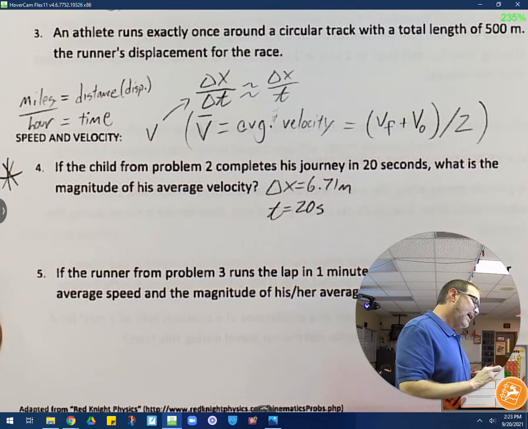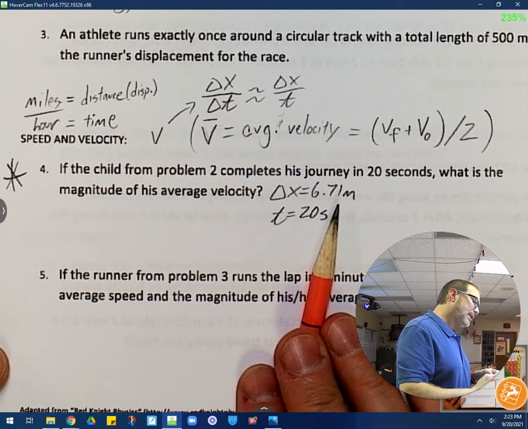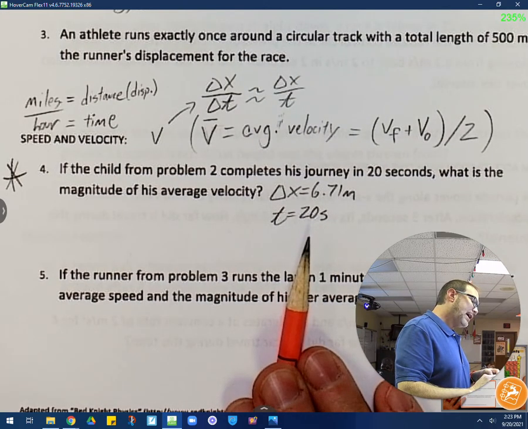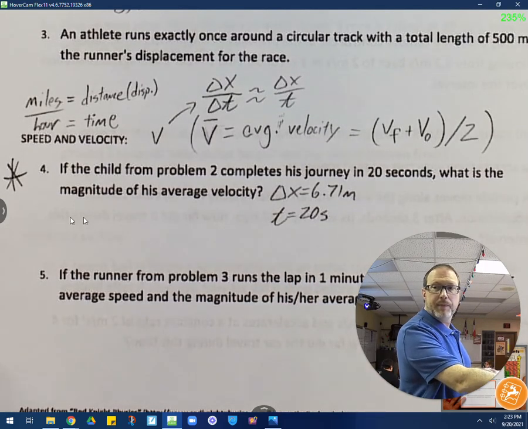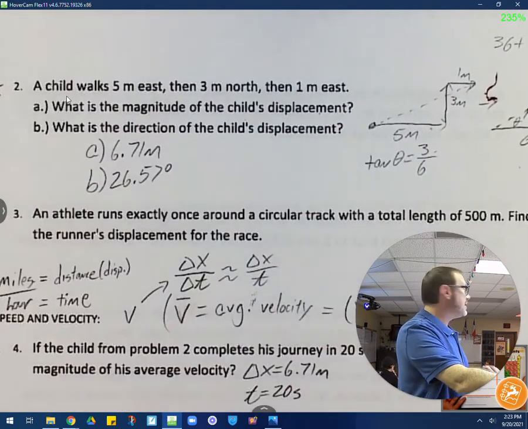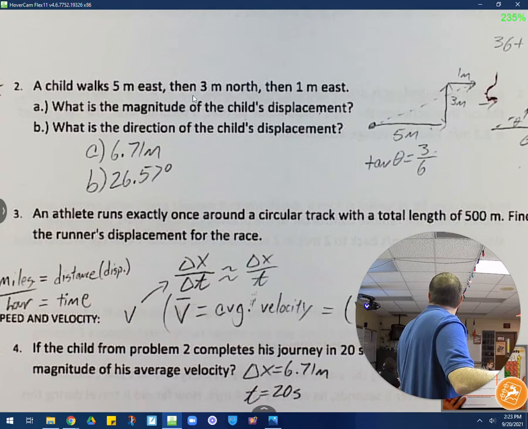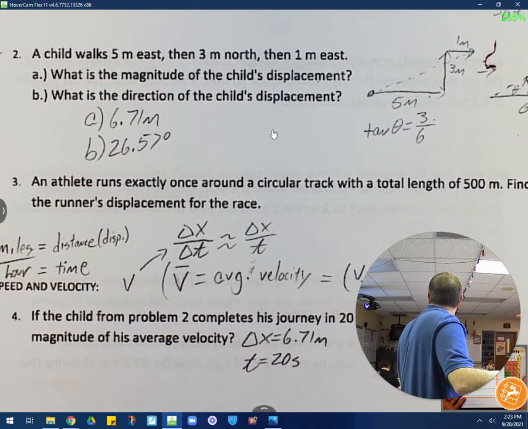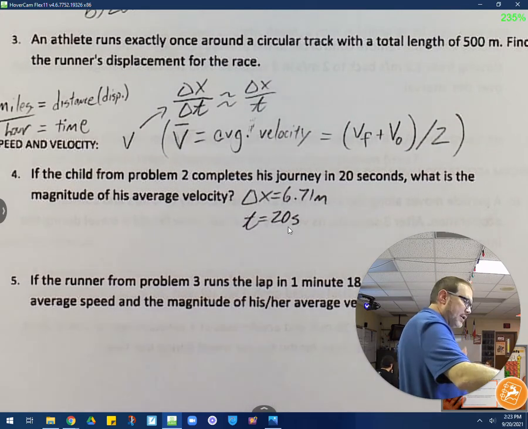If I want to find his velocity, I take his displacement divided by his time. We could make assumptions about his starting speed, say it's 0, and conjecture on his final speed, but here we don't need to know that. All we need is his total change in displacement and his total change in time.